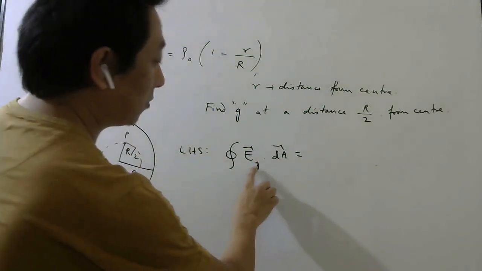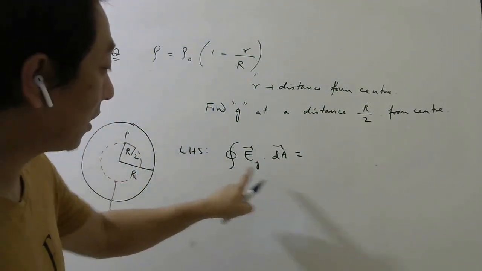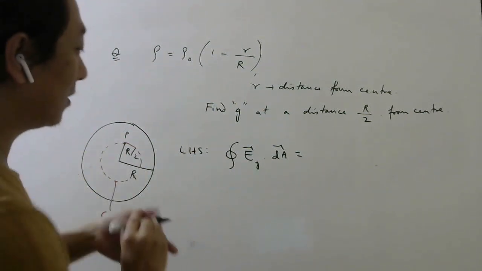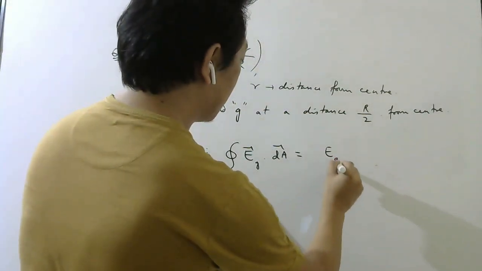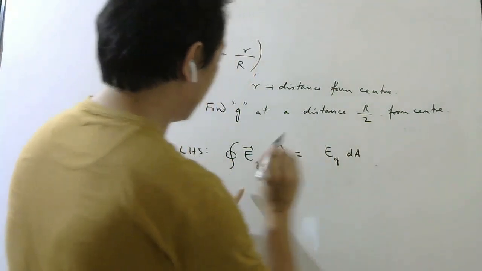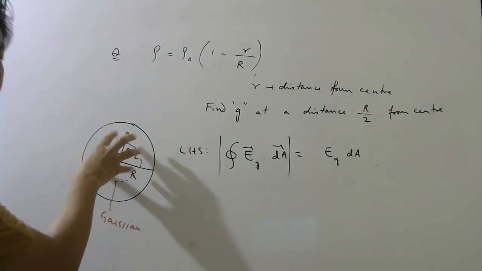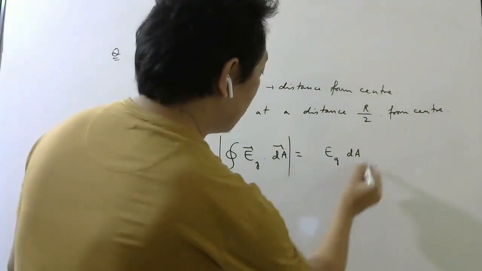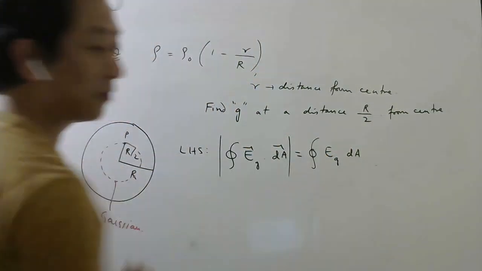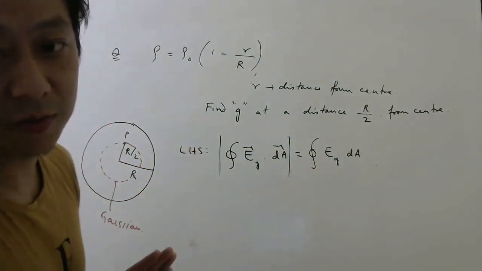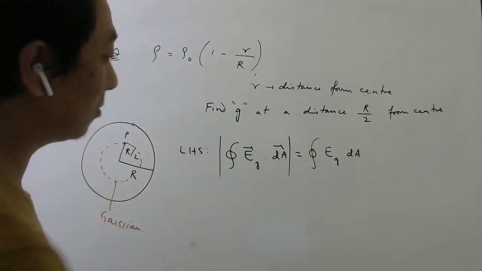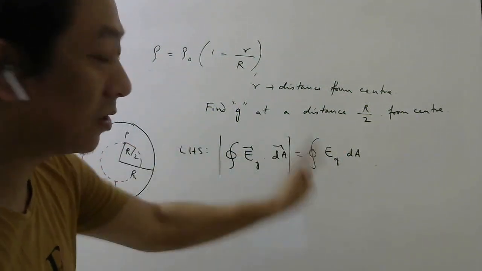So this dot product will have what angle between them? 180. So this will be Eg dA cos 180. Let me calculate only the magnitude because I know that the flux will be inward. Cos 180 is minus 1, no? So the modulus, if I take minus 1, will be plus 1 only.